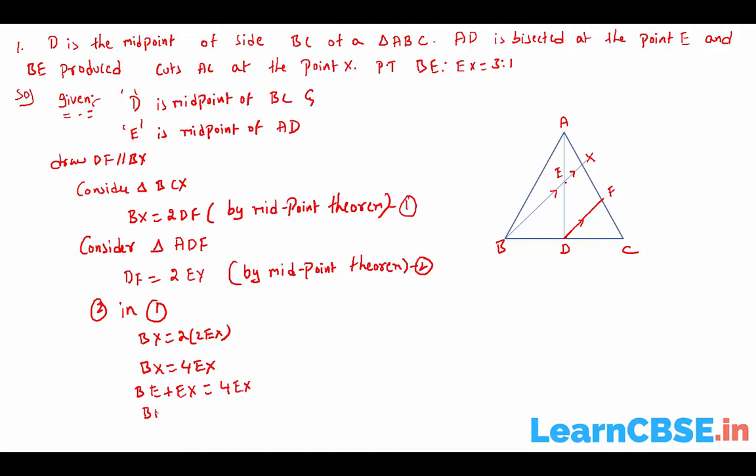So BE equals 4EX minus EX, that means BE equals 3EX. Bring EX this side: BE by EX equals 3:1. What we have to prove is BE is to EX equals 3:1. Hence proved. Go for the next problem.